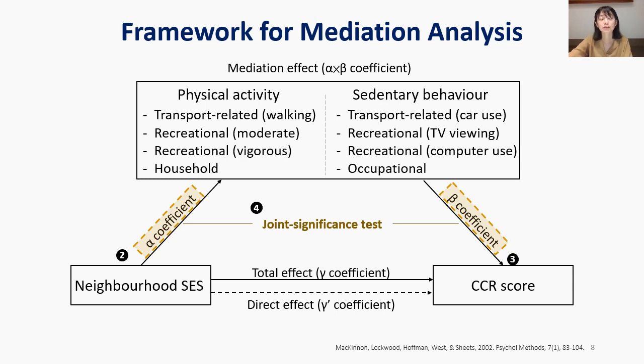Then to test whether the total effect is explained by specific physical activity or sedentary behavior, we identified the associations between the socioeconomic status and each behavior, as well as the associations between behaviors and the cardiometabolic risk score. If the regression coefficients alpha and beta are both statistically significant, it suggests a mediation effect based on the joint significance test.